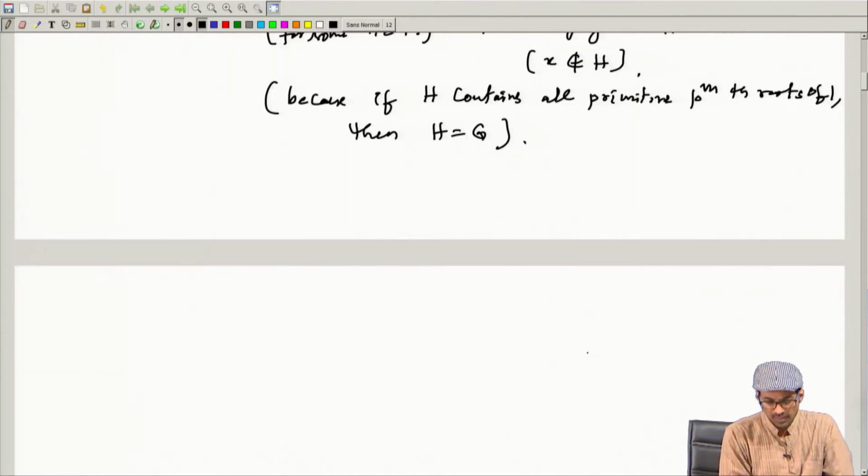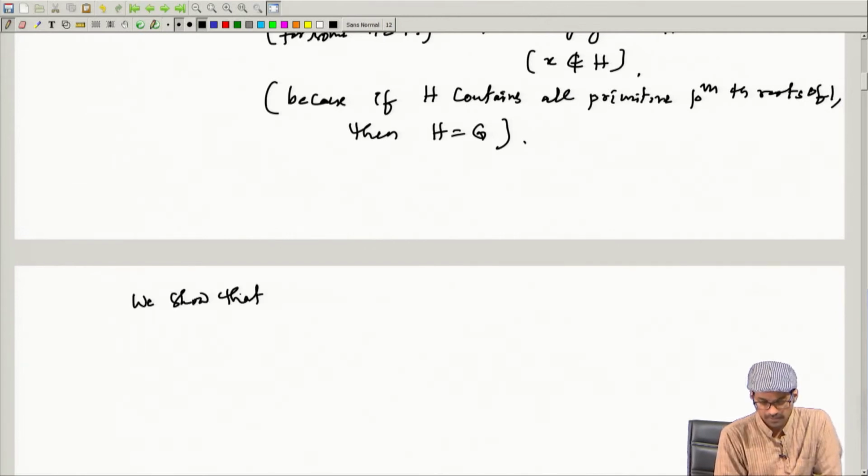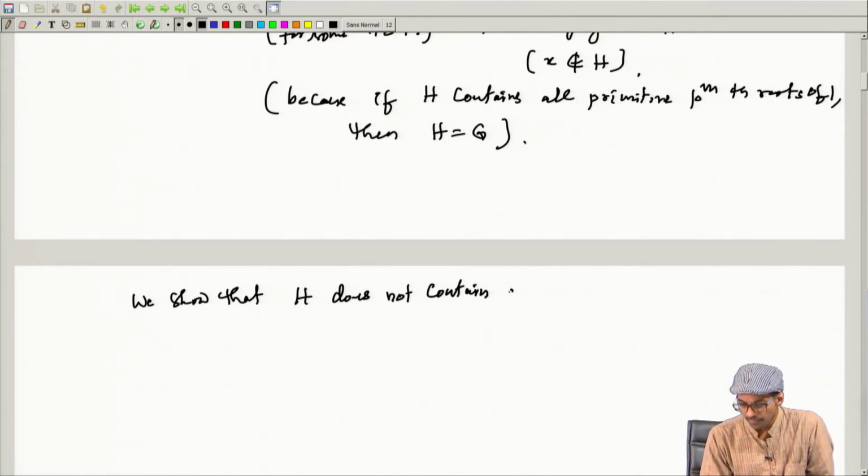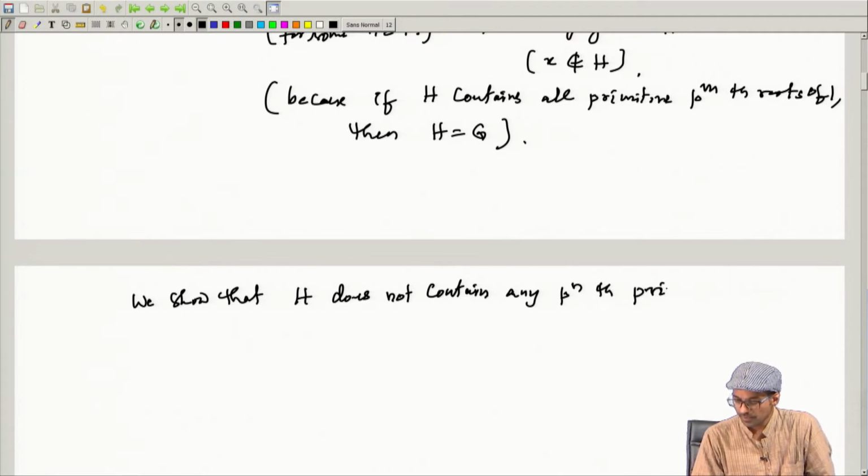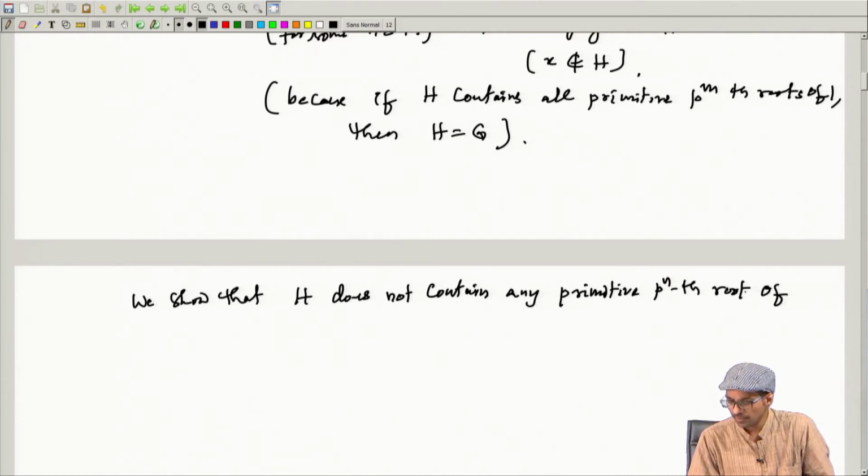Now, we show that H does not contain any primitive p power nth root of p power nth roots of unity.